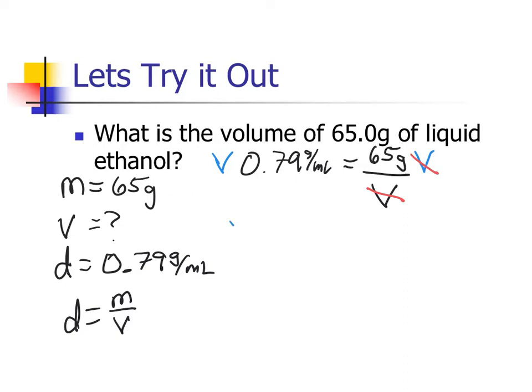So now we have V times 0.79 grams per milliliter is equal to 65 grams. To get V by itself, I need to divide both sides by 0.79.